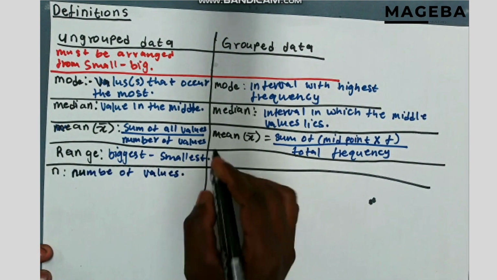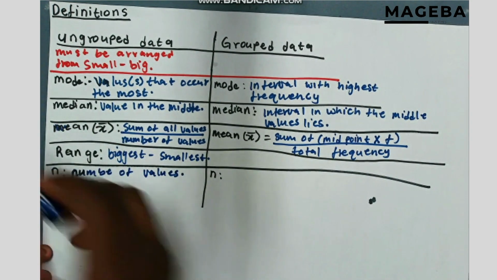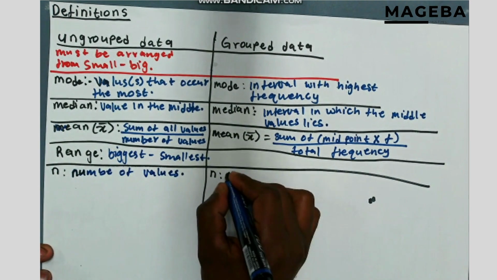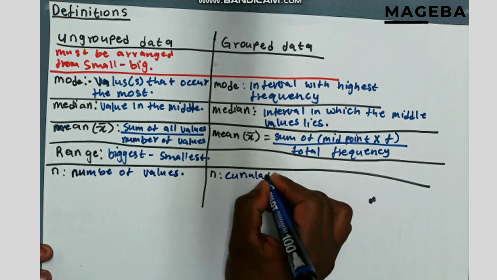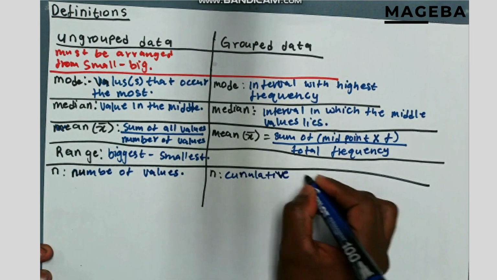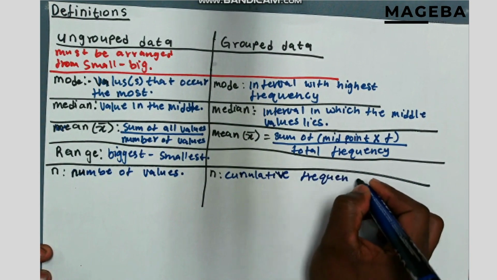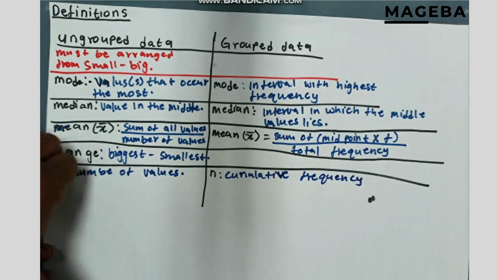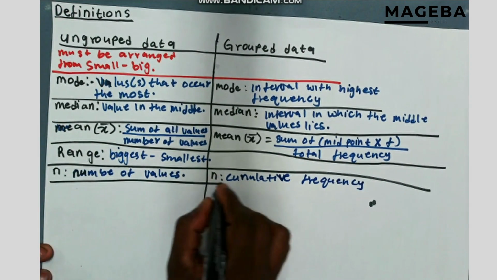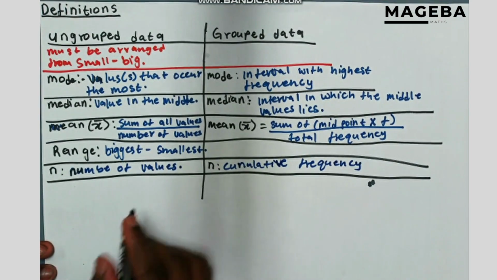But on the grouped side, n is usually the cumulative frequency. I hope we're still getting along with these definitions.